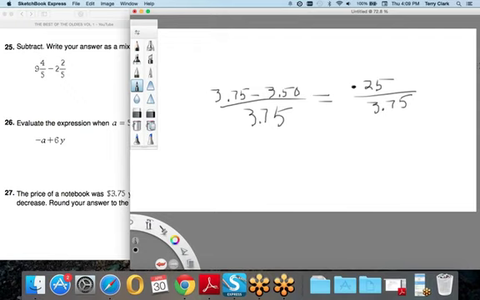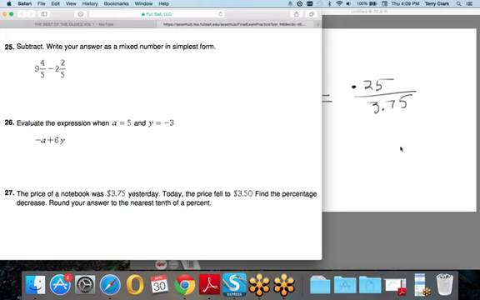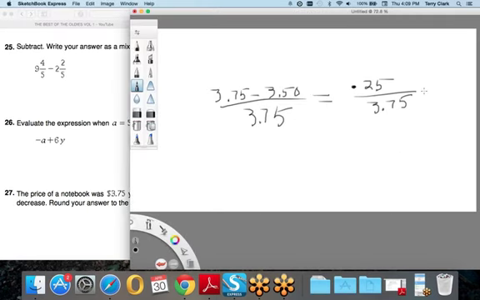All right, so back to our calculator, or my iPhone in my case. It's 0.25 divided by 3.75. Then it says round to the nearest tenth of a percent. I'm going to put the original number first, which is 0.66, and it's saying round to the nearest tenth of a percent.